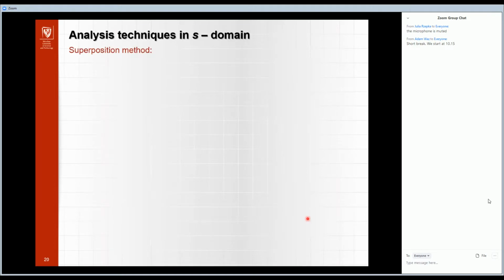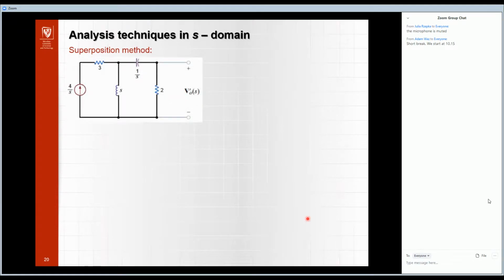Third, it is the superposition method. You know about it, that in the superposition method we divide one circuit into other circuits where we have only one source. Because in this case we have two sources, we should draw two circuits. First with the current source, and then the second source.